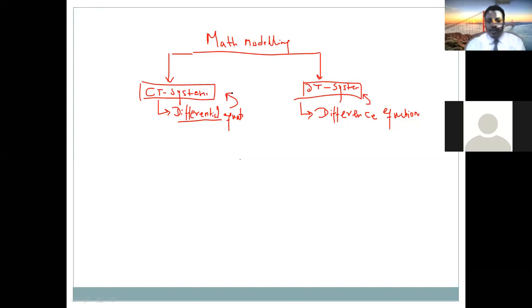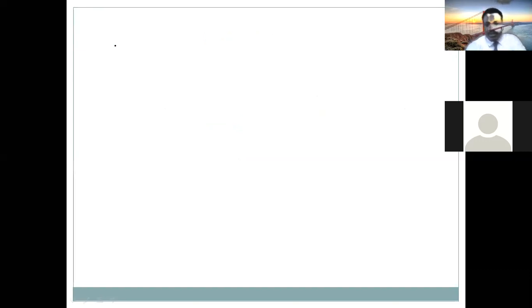So let's say one example, continuous time system. We start from continuous time system. We have, let's say, a resistor, right? Continuous time systems. Basic components are resistor, capacitor, inductor, and so on.